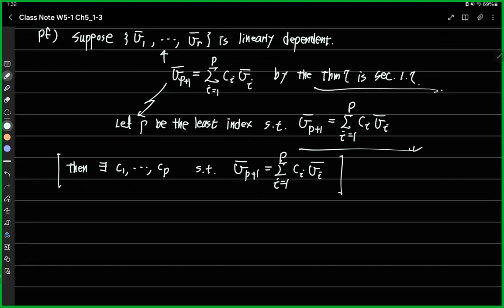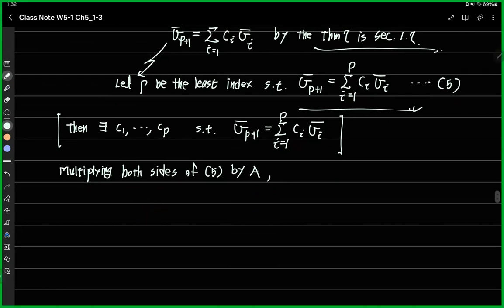Then we're going to apply some trick. Let me call this equation 5. Multiply both sides of equation 5 by matrix A. Then we get A v(p+1) equal to the sum, i goes 1 through p, of ci times A vi.